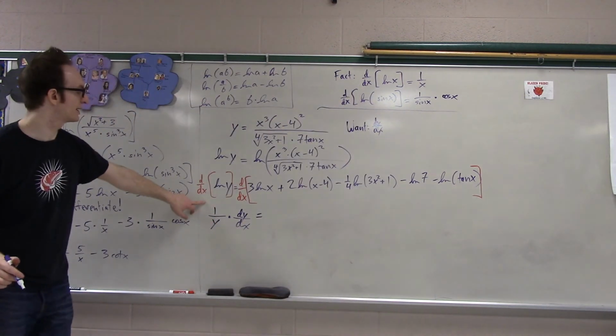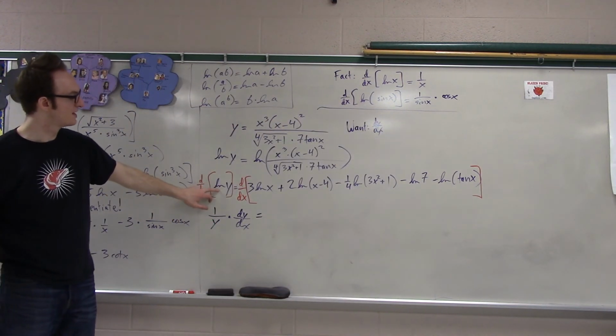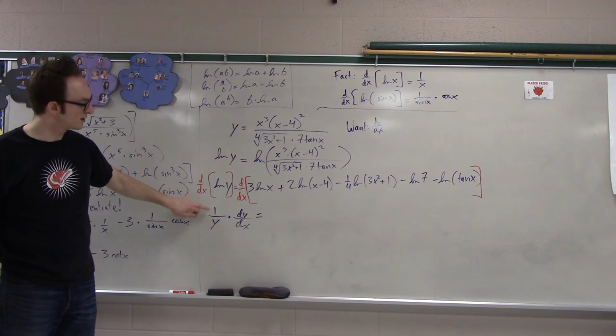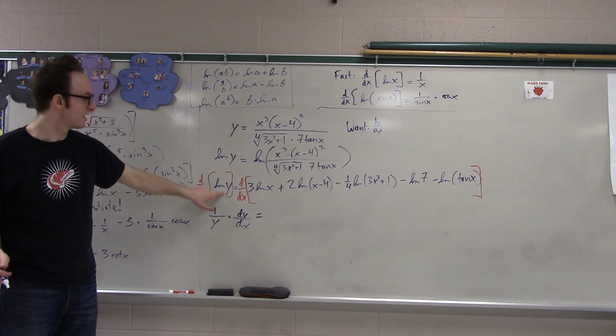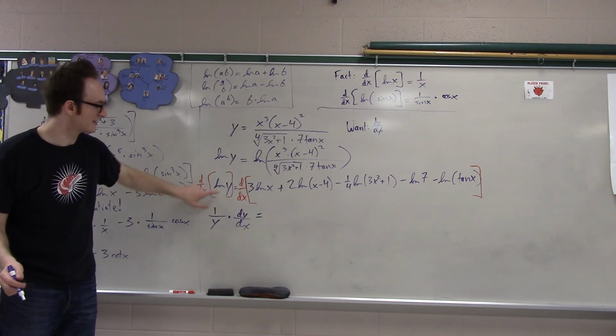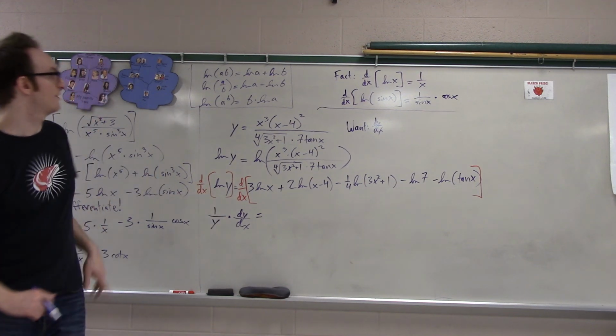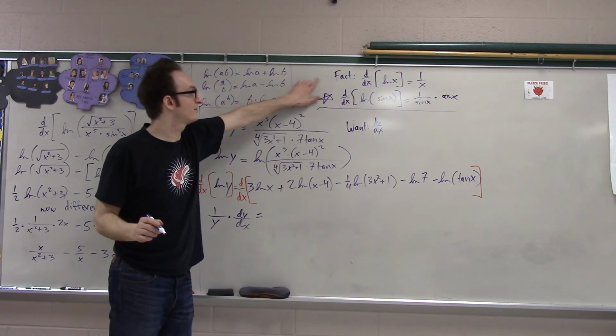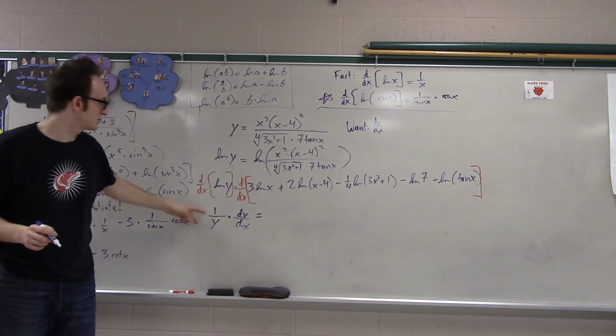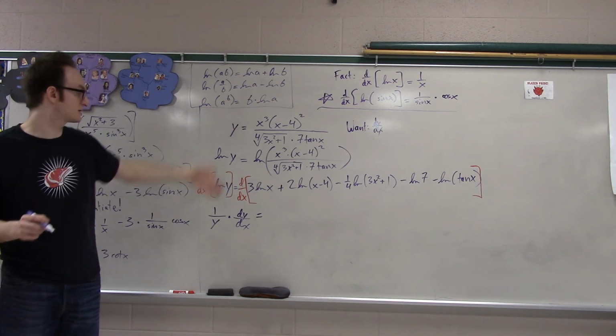That is exactly what's going on here. The derivative of ln of something is 1 over the something back inside for the derivative of the something. And the derivative of y with respect to x is dy dx. So if you understand the chain rule, then you should be comfortable with this too, because it's really just the same thing.